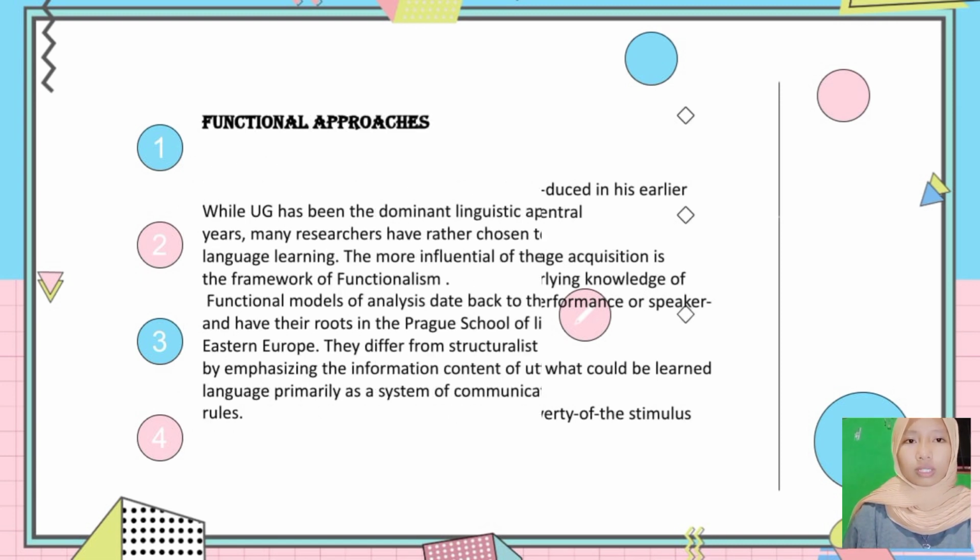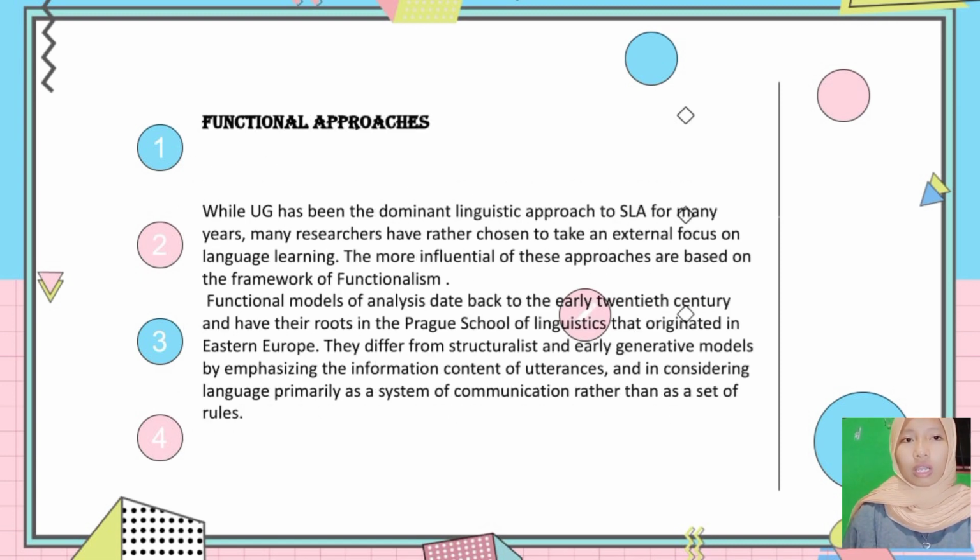And the next one, about the functional approach. While UG, or universal grammar, has been the dominant linguistic approach to SLA for many years, many researchers have chosen to take an external focus on language learning.